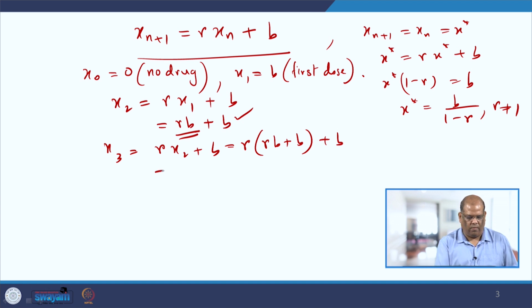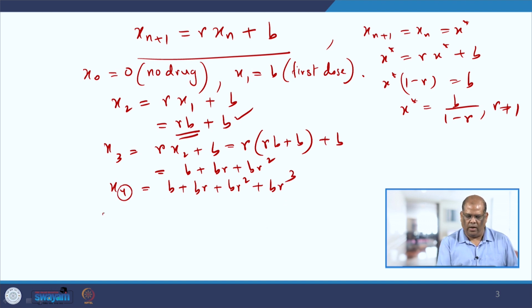So, if I write them, I will write it as b plus b r plus b r square. Similarly, x 4 will be b plus b r plus b r square plus b r cube. So, just one less, in the similar manner, x n plus 1 will be b plus b r plus b r square till b r to the power n.